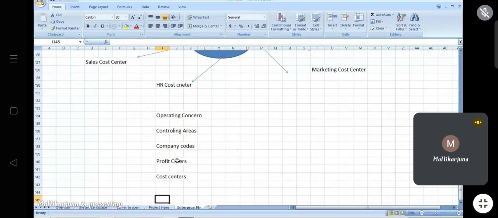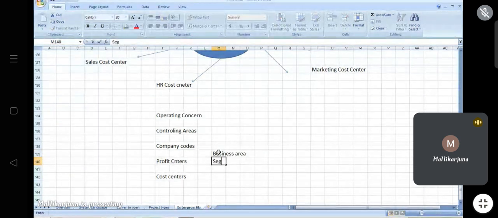All these structures. Within the profit center, again, we can also have business areas, or rather under the company codes, not profit centers. Under the company codes, there is another terminology, I would say business area and segments. Okay, this we will discuss later.